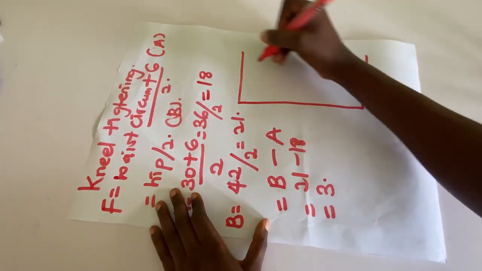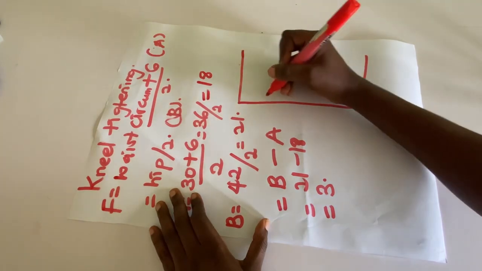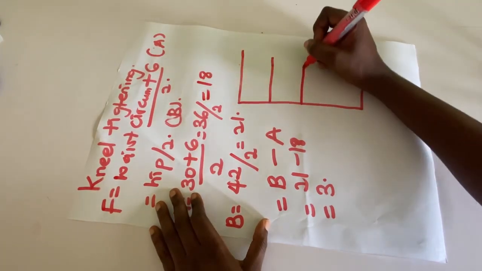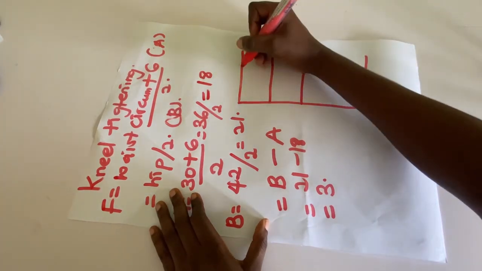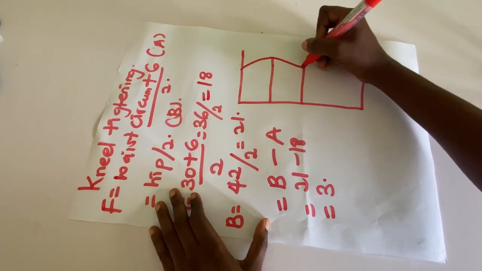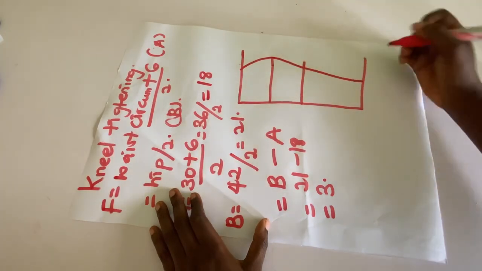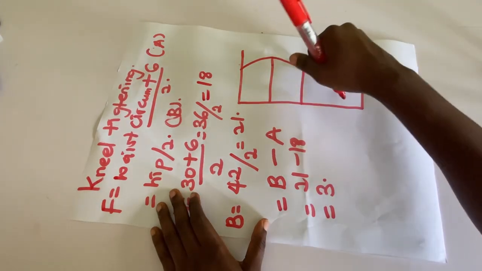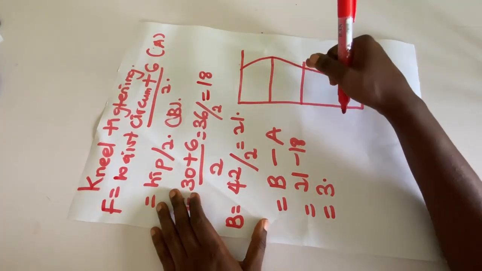So let's assume this is our skirt block. This first line I wrote is the hip line, then the next one is the knee, and let's say that's the full skirt length. I'm just going to curve it in, then draw it all the way down. Let's assume for this knee we've gone up by 3 inches.